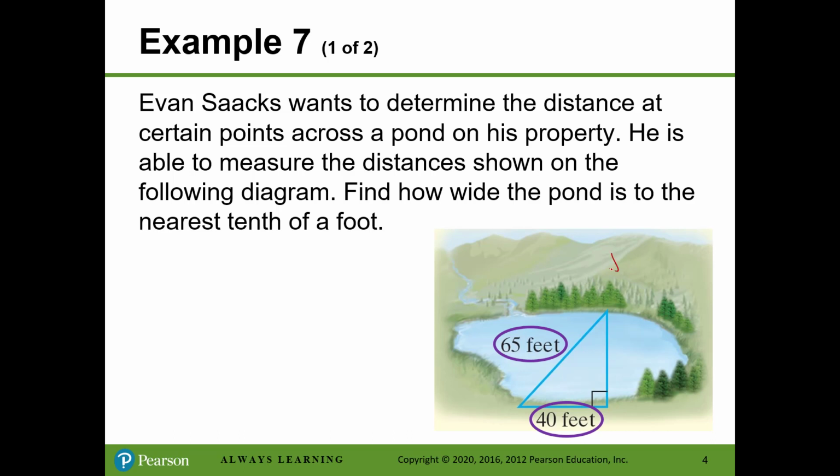Yeah, they drew a triangle, didn't they? And as a matter of fact, they were very specific. You see that little notation there, that little box right there? They didn't draw just a triangle. They drew a right triangle, which means we are dealing with, excellent, Pythagorean theorem.